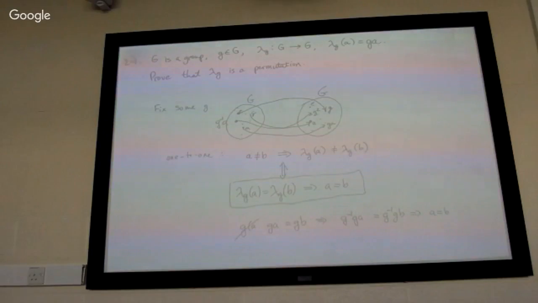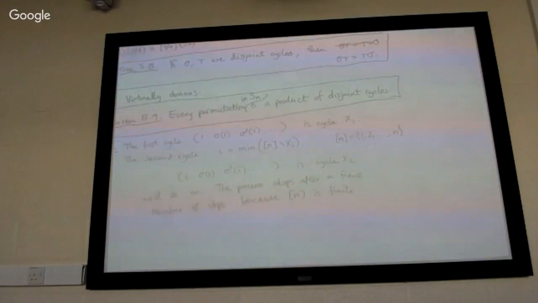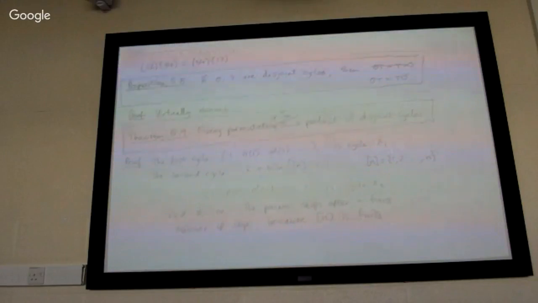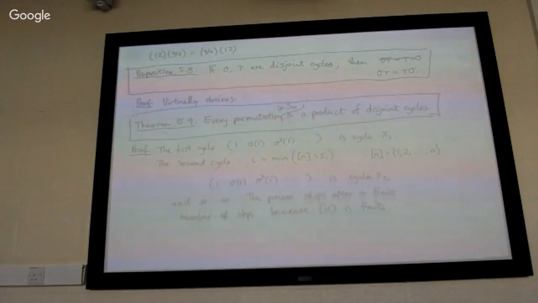But what we were doing yesterday was this. We were talking about writing permutations in the form of cycles.